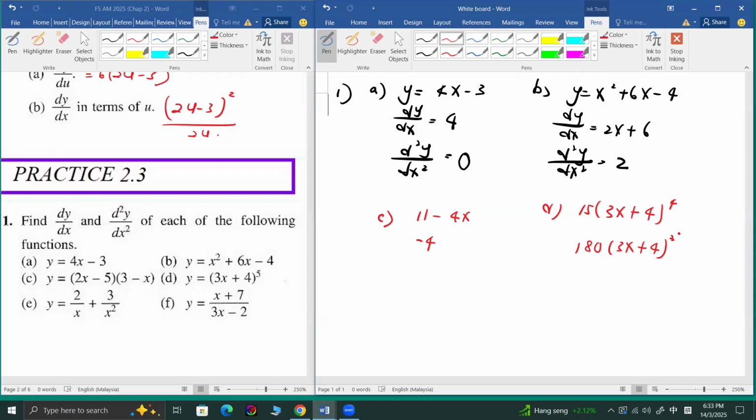Oh, George, you have done, okay. So fast, can get right. Okay, good. So while waiting for them, we can try E, F, and C, since you have done C, D.